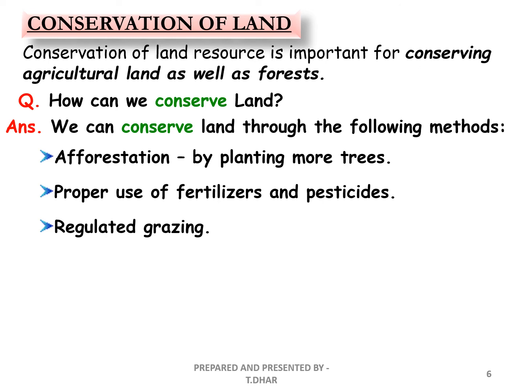If land is used extensively for grazing, then the top layer of the soil gets spoiled, and it does not allow us to use land properly in future. So in these three ways, afforestation by planting more trees, limited use of fertilizers, and limited use of land for grazing, we can conserve land for future use.